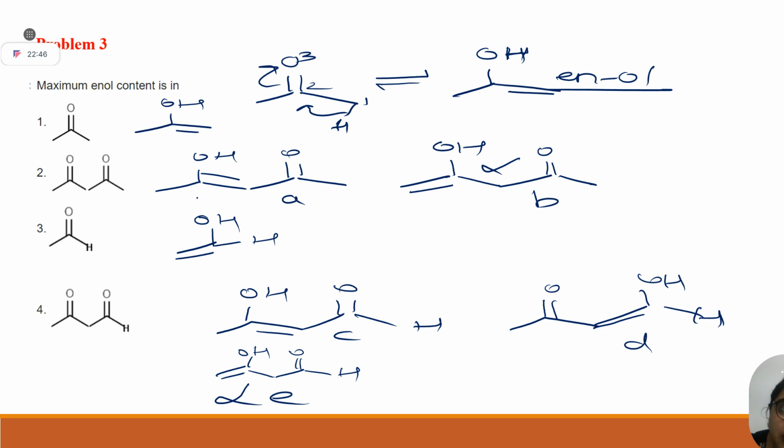Okay. Now check hyperconjugation. 3 hyperconjugation. Here how many hyperconjugation? 3. Here how many hyperconjugation? No hyperconjugation. 0. So D structure is out. Now compare between A and C, which is more stable.